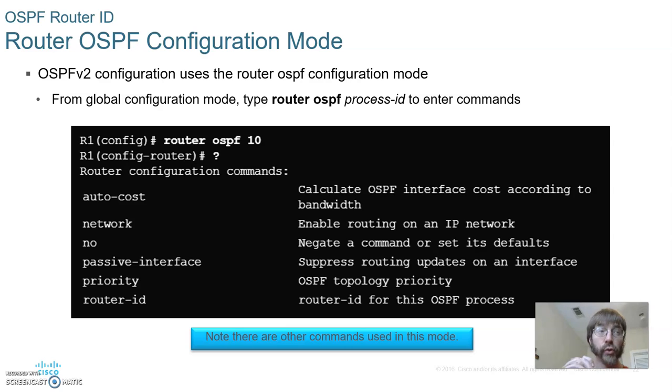You can tell if you're in IPv4 router configuration mode because the prompt will be config-router. You can tell if you're in IPv6 router configuration mode because the prompt will be router-RTR. That seems to be true for all of the v4 and v6 routing protocols that you'll deal with.